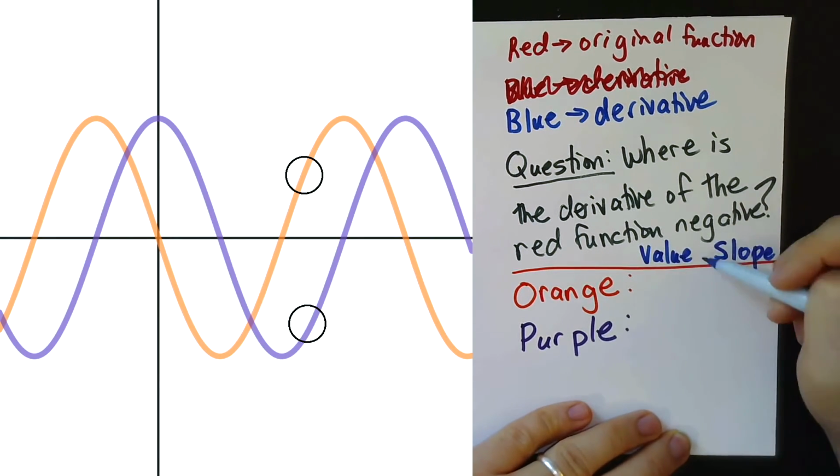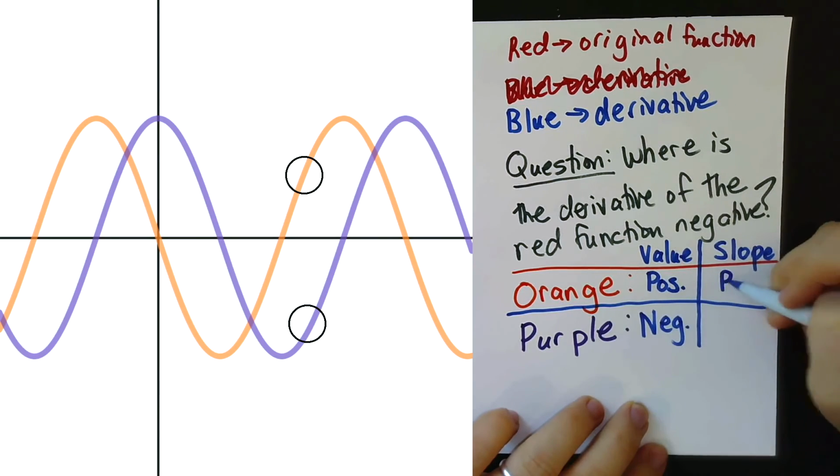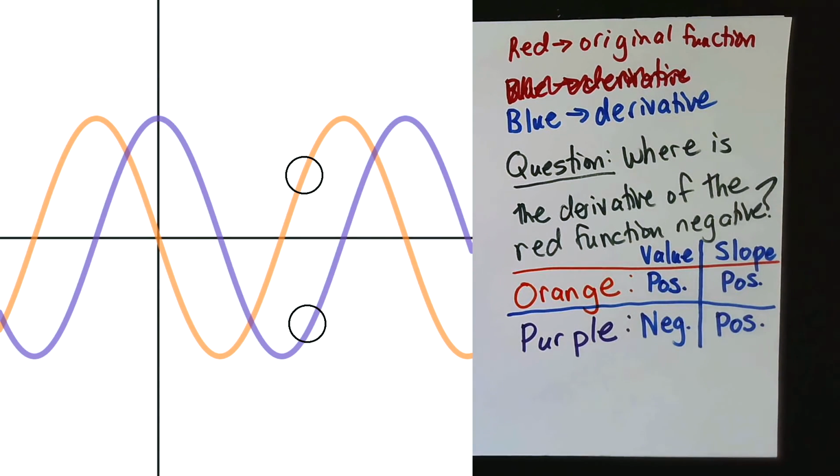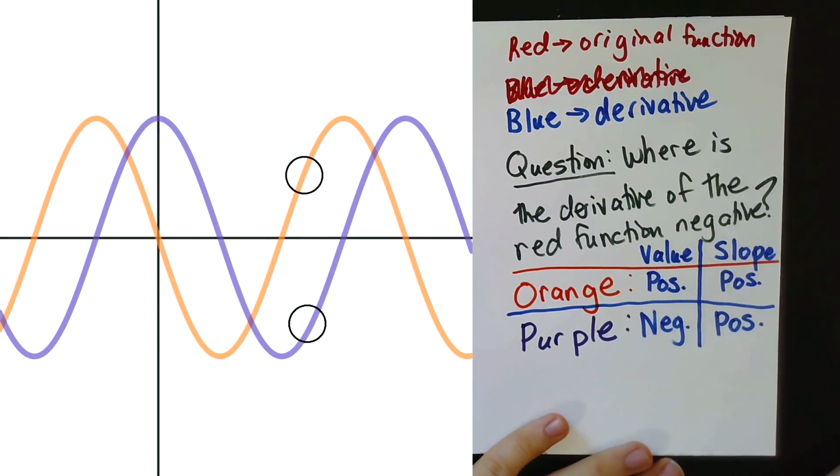Let me summarize all of that again in a table here. We're really at both of these points looking at two pieces of information: whether the function's value is positive or negative, and whether the slope of the tangent line to the function at that point is positive or negative. In the case of the orange graph, both the y value and the slope are positive. In the case of the purple graph, the value is negative, but the slope is positive.